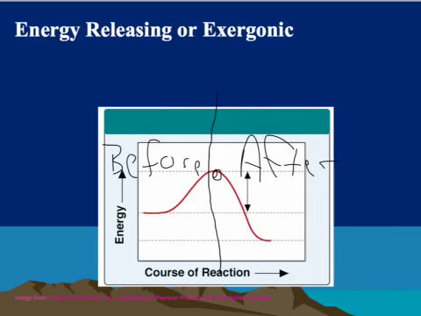The top part here is where the actual chemical reaction will occur. What you see right here, from this side to here, what I'm drawing in red, this measurement in red is the amount of energy that needs to go into the reaction in order to hit this top point and cause the chemical reaction.